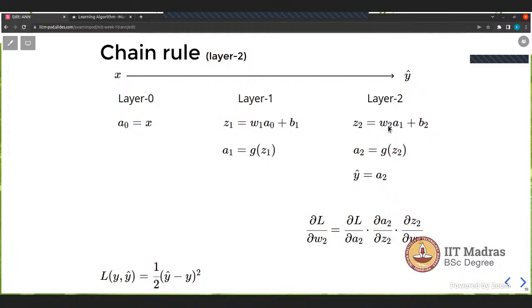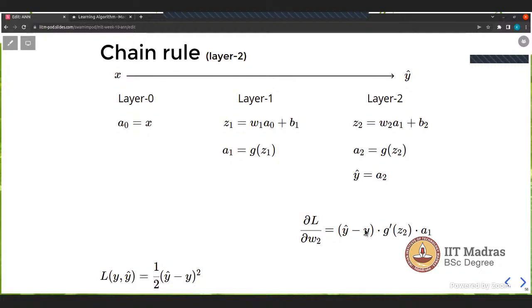Notice that this can be broken down into 3 parts. Y hat is nothing but A2, so it's dou L by dou A2 into dou A2 by dou Z2 into dou Z2 by dou W2, just the chain rule. Then you do the substitution. It's y hat minus y.